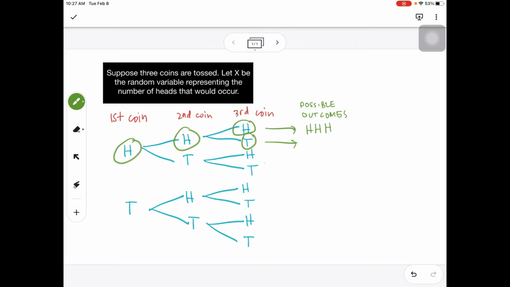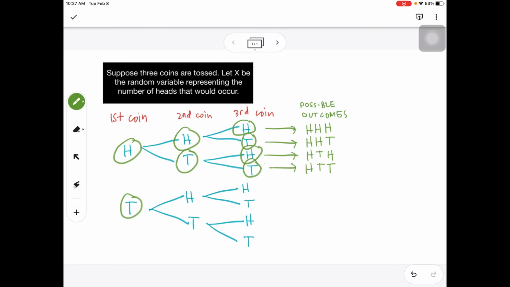So we have here H, H, T. Next is heads, then tails, and heads. So this is H, T, H. Next is heads, tails, and tails. So this is H, T, T.